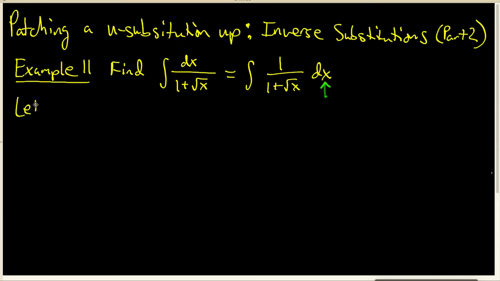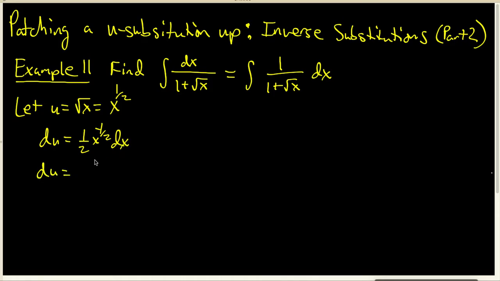We're going to let u be square root of x, which can also be written as x to the 1/2. Then du is going to be 1/2 times x to the minus 1/2 dx. And I can clean that up. du is equal to 1 over 2 times the square root of x times dx.